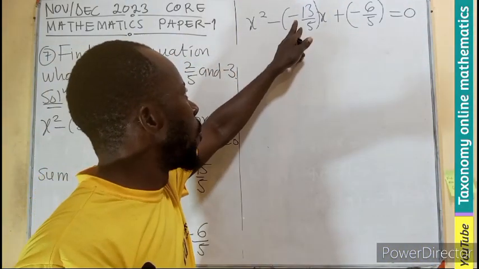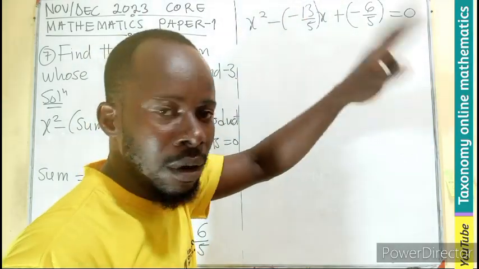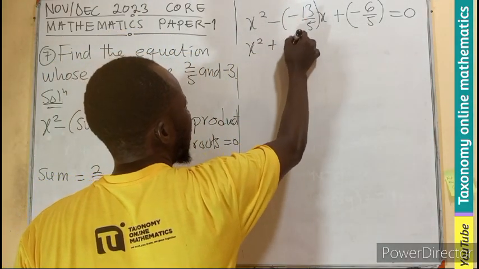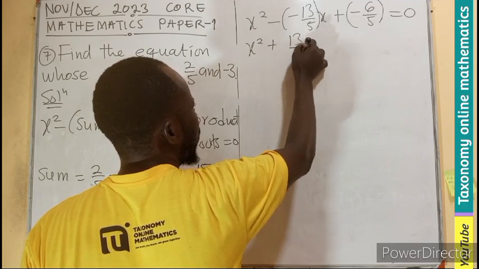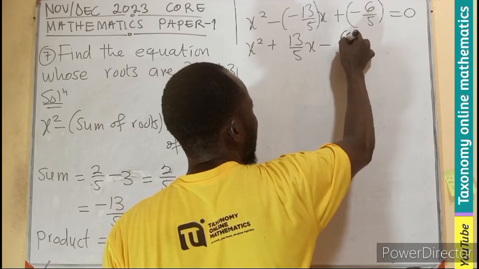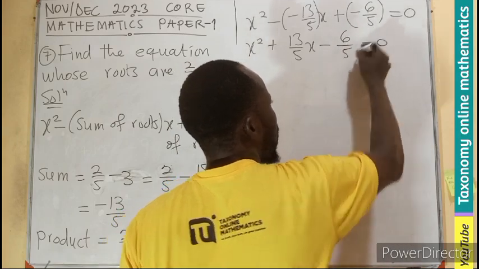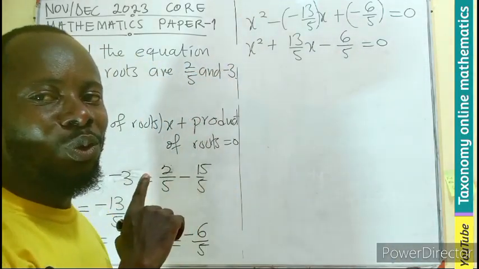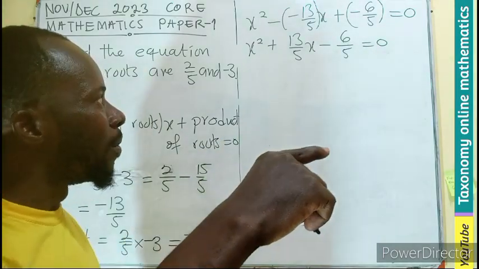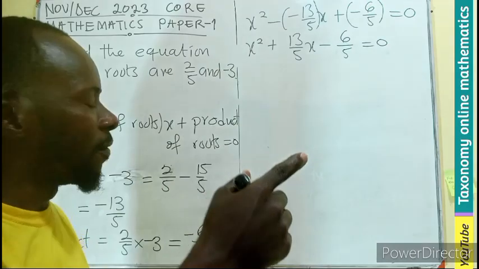And now, if you open the bracket, negative times positive, so x squared plus 13/5 x, negative and positive become -6/5 equals 0. I believe you know what to do. There is an equal sign and there is a fraction, so we multiply through by the LCM, which in this case will be 5.